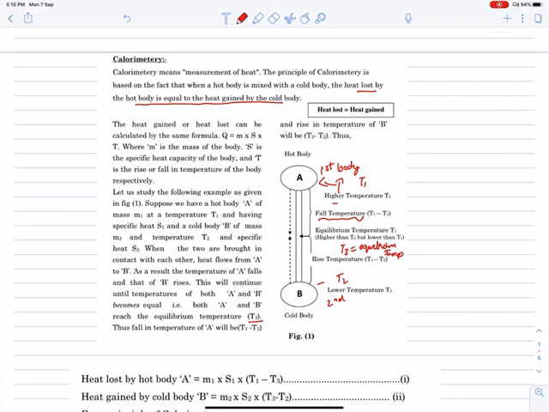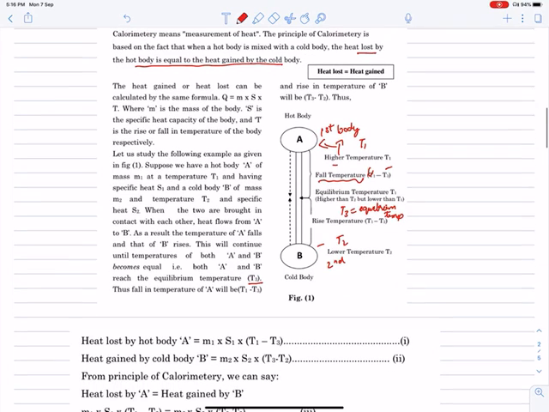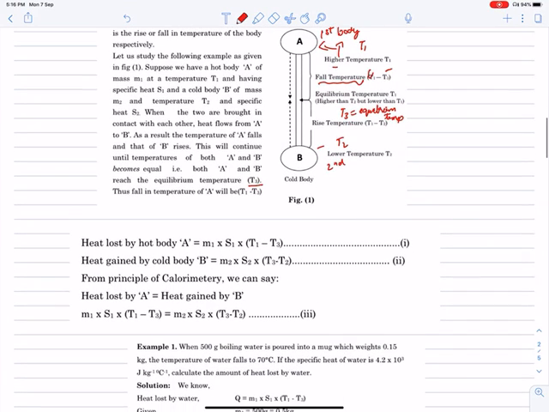Body B is gaining heat, so there will be a rise in temperature, which is T3 minus T2.